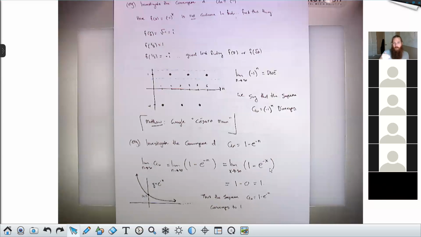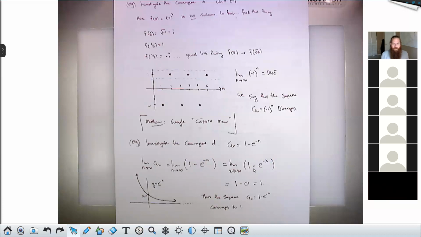And we should, from college algebra, pre-calculus, and calc 1, know what the graph of e to the negative x looks like. So even though I don't know much about the sequence 1 minus e to the negative n, I do know exactly what the graph of e to the negative x looks like. That tells me I would like to swap n for x.